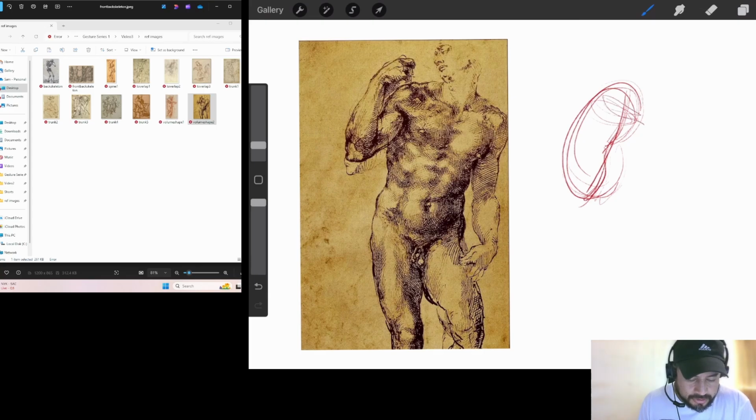I'll put in some form lines. The rhythms down to the legs, and a rhythm for the arms. See how rough it is? I'm not even measuring anything.